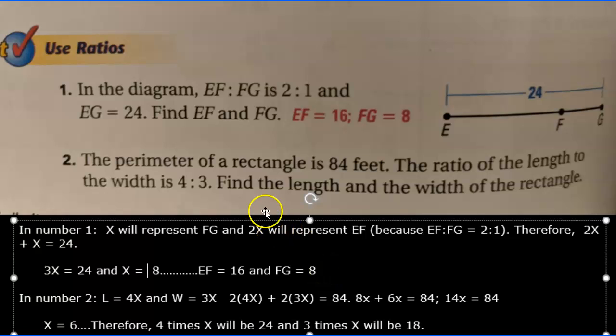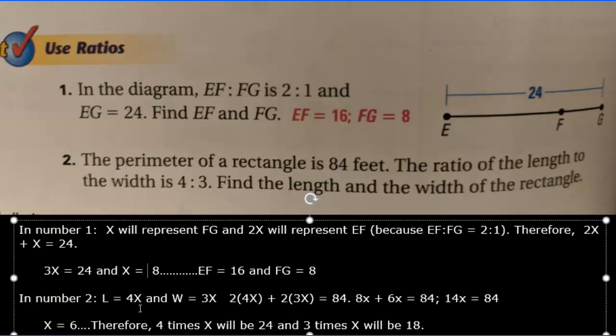Then in the next one, the perimeter of a rectangle, and they don't give us a picture for this one. The perimeter of a rectangle is 84 feet. Just remember our rectangle from right before that. The ratio of the length to the width is 4 to 3. So in number 2, the length, one side of my rectangle, envision it, is 4X.